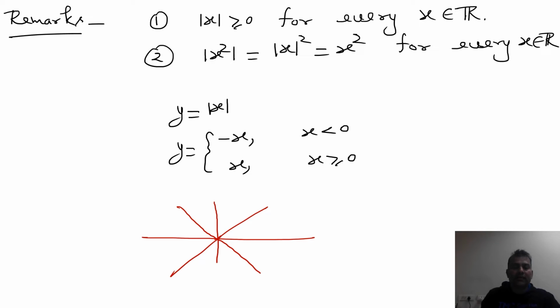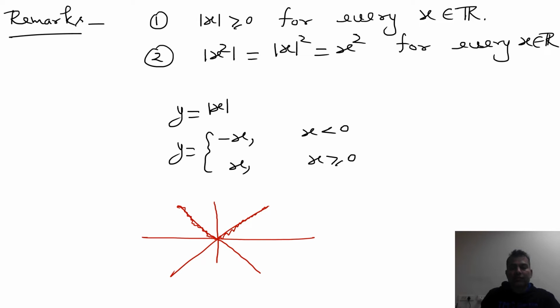This is y equals minus x. So y equals minus x for x less than 0. So this line is y equals minus x. So we will take only those values of y equals minus x in which x is less than 0. So x is less than 0 this side. So we will take this portion only. Similarly, y equals x for x greater than or equal to 0, so we will take this portion only.